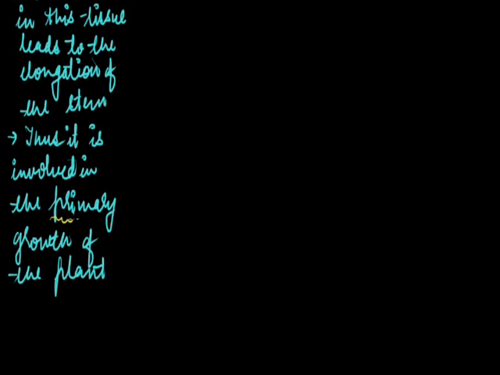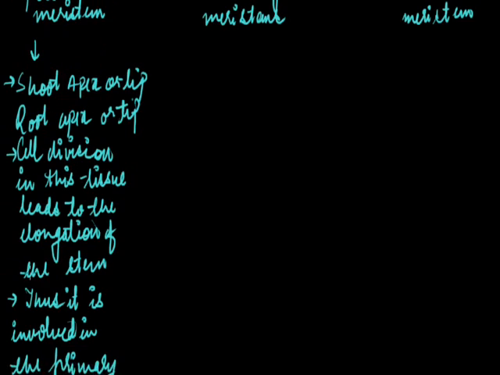So what is the function of the apical meristem? It promotes the primary growth of the plant and it is present at the shoot tip and the root tip. Shoot apex and root apex. These were the apical meristem.